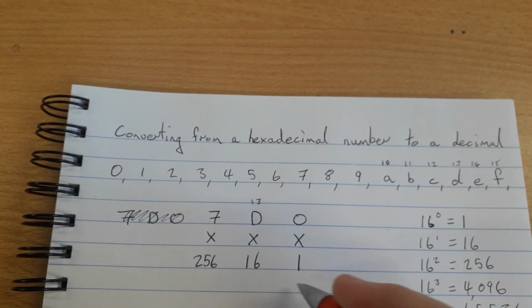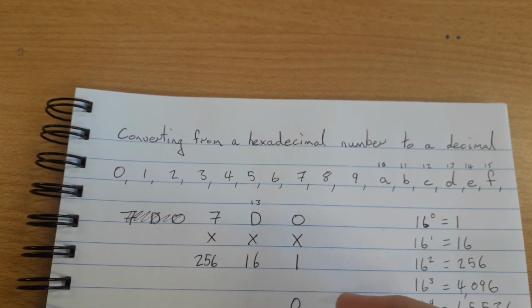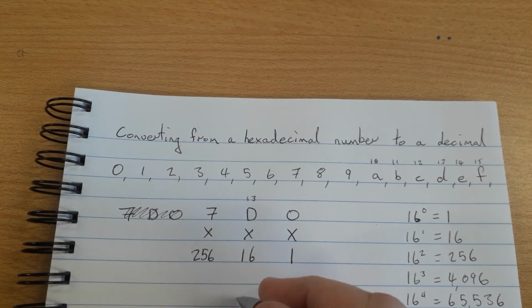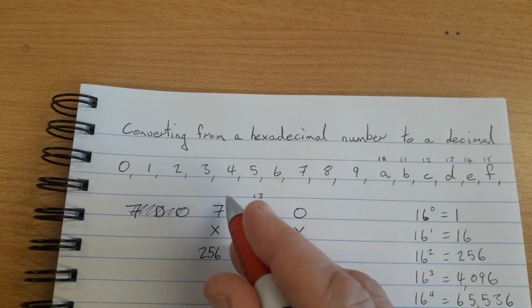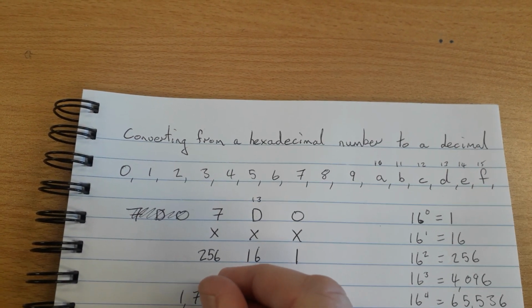I'm going to leave a bit of space between this and my answer. So 1 times 0 is 0. 16 multiplied by 13 gives me an answer of 208. And 256 multiplied by 7 gives me an answer of 1,792.